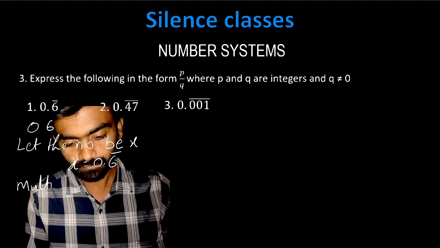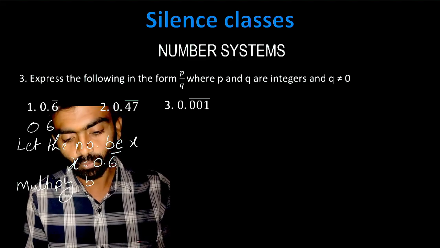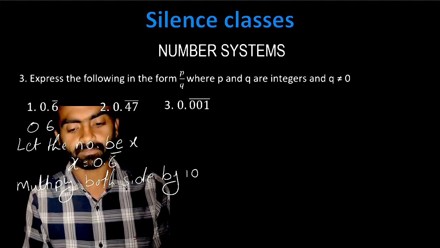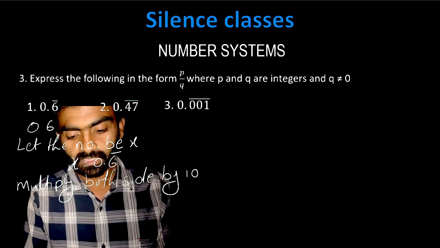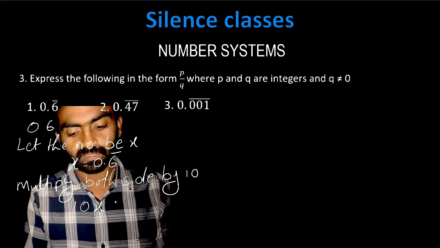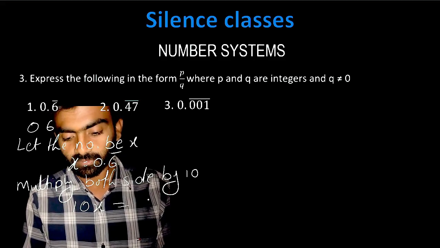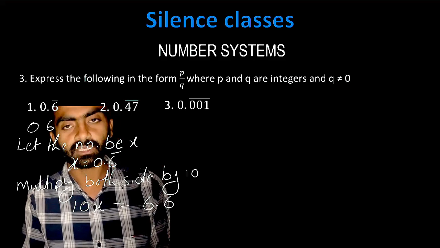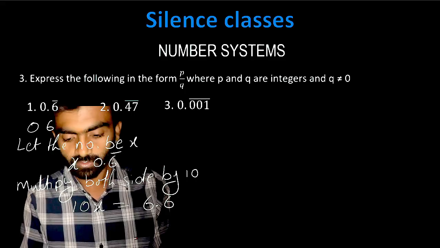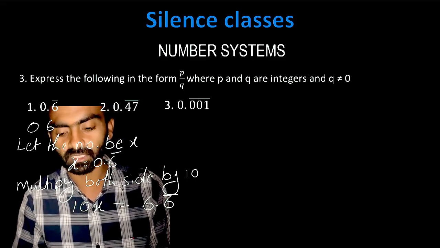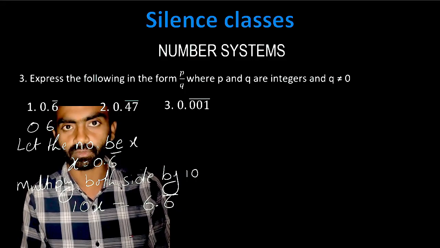Multiply both sides by 10. It will become 10x is equal to 6.6, and we can put the bar over it because the number is continuing itself again and again.